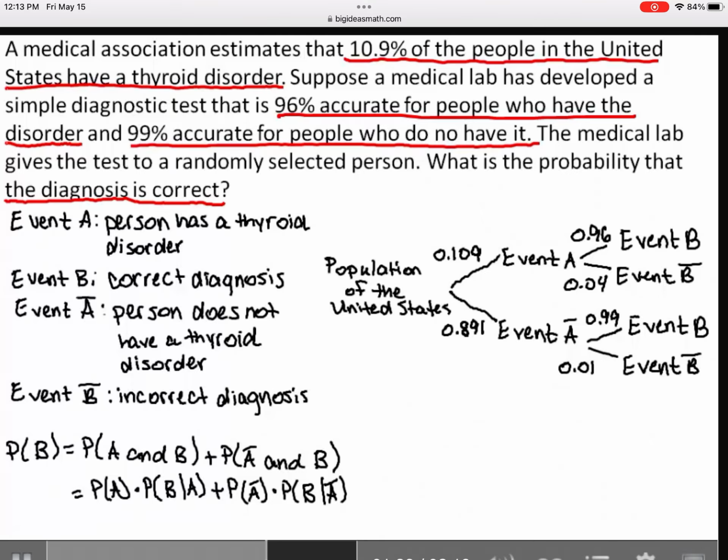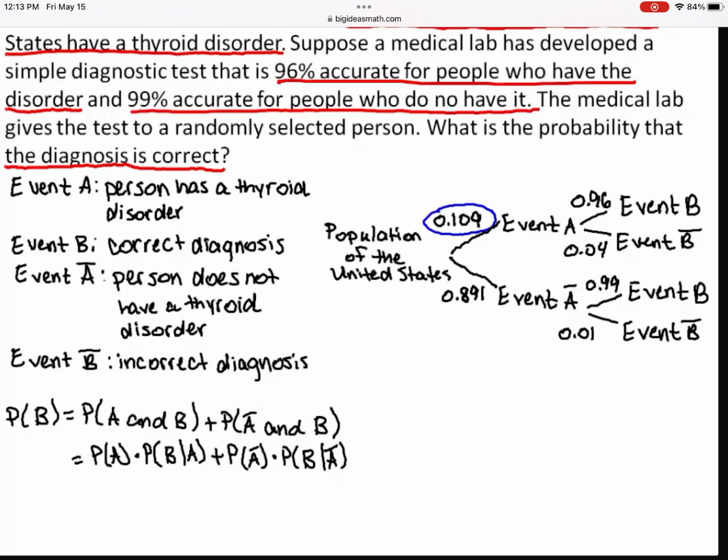The probability of event A occurring is 109 thousandths. The probability of event B occurring, given that event A has already occurred, is 96 hundredths.